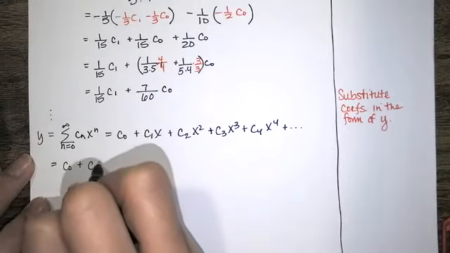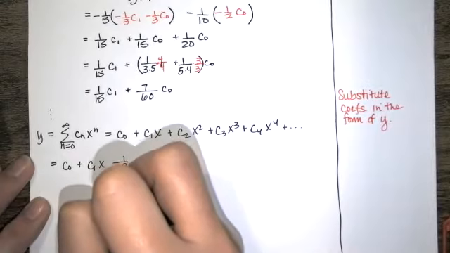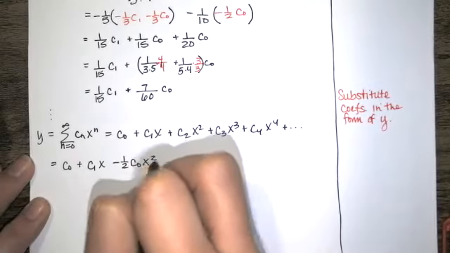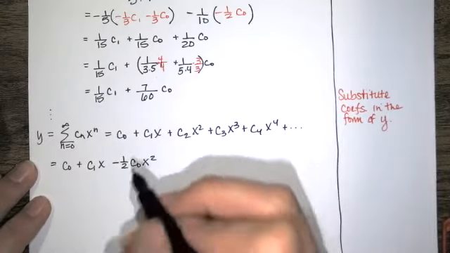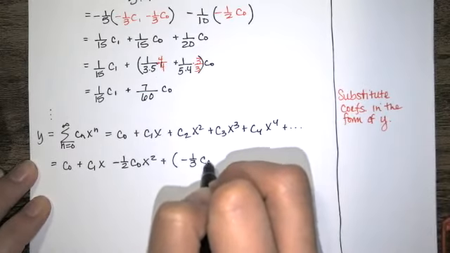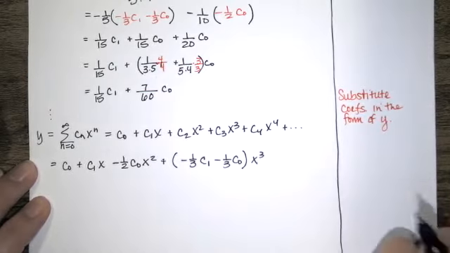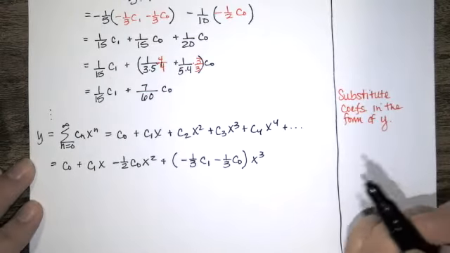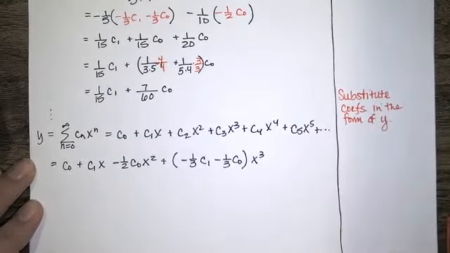Now c sub 0 and c sub 1 are fine. We're going to leave those alone. C sub 2 is negative 1/2 c sub 0. We're multiplying that by x squared. And then we're adding c sub 3 times x cubed. Well, c sub 3 ended up being negative 1/3 c sub 1 minus 1/3 c sub 0. And then actually, let's go all the way out to x to the 5th because we had a c sub 5.